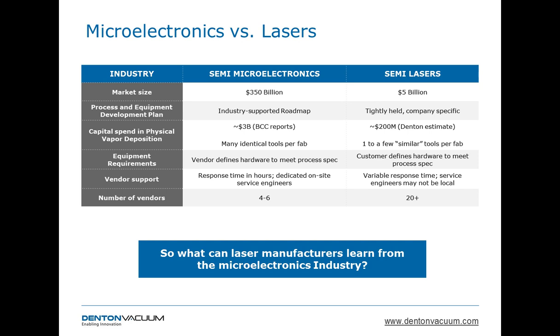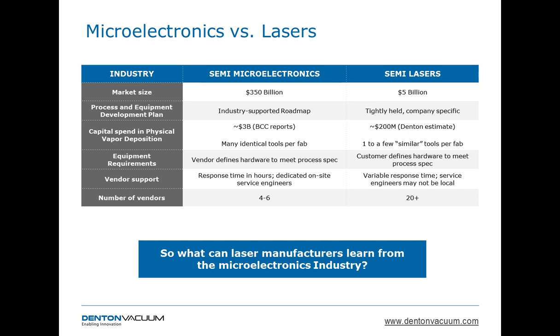The spending on capital equipment for physical vapor deposition for semiconductor microelectronics is about 3 billion, according to BCC reports, with many identical tools per fab, literally on the order of hundreds. For the semi-laser world, the capital equipment expenditure on deposition systems is about 200 million, according to Denton estimates, with one to a few similar tools per fab.